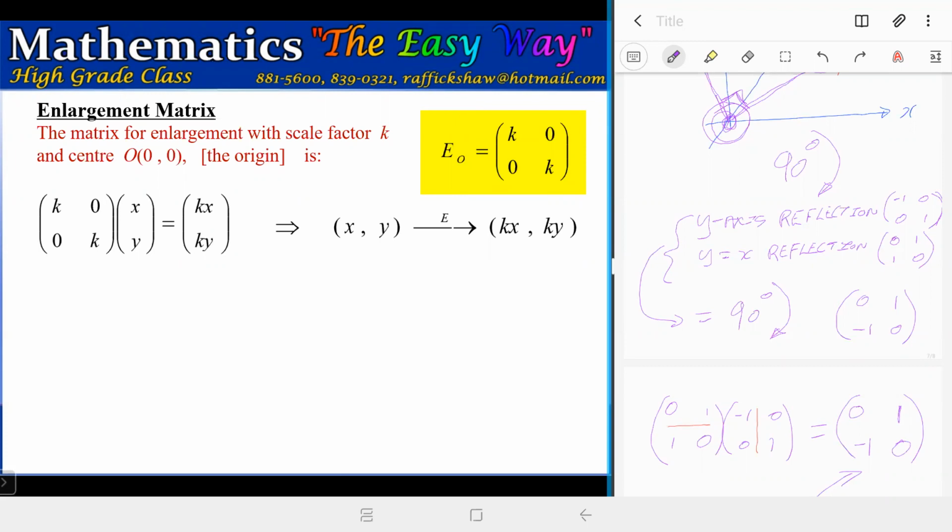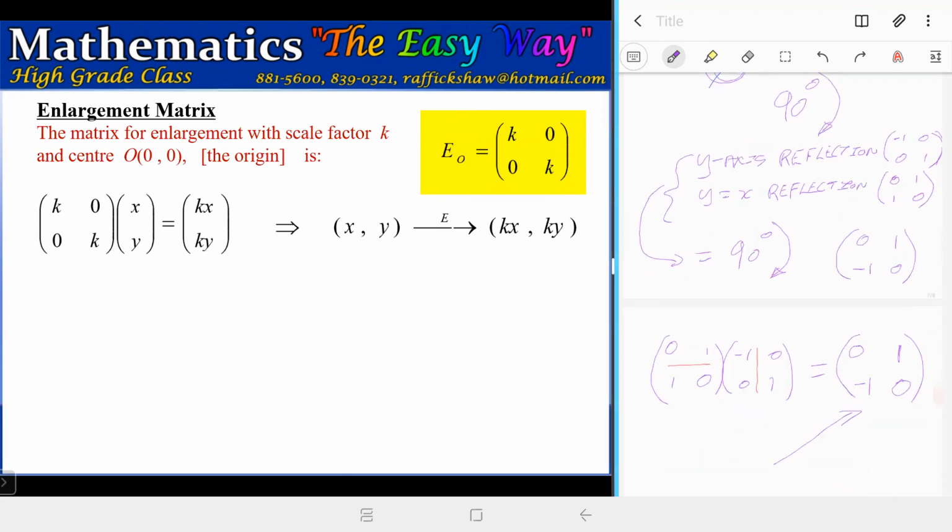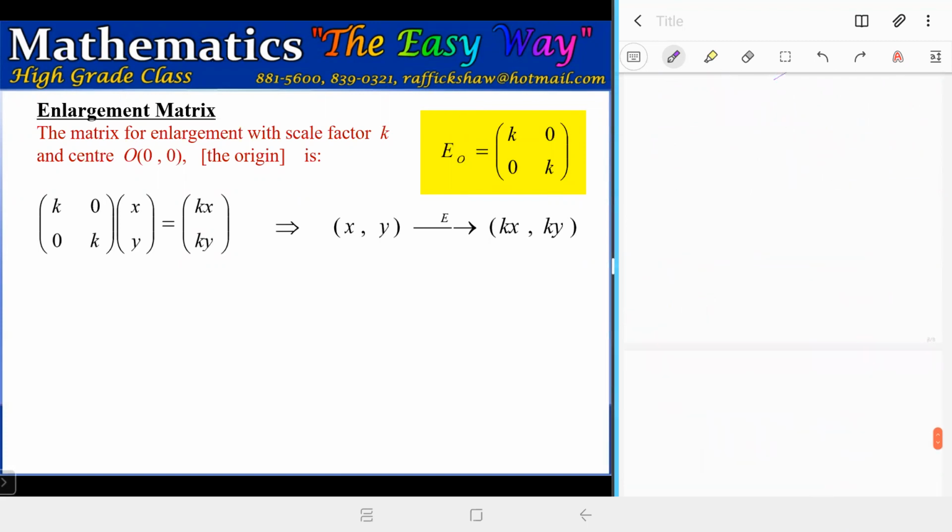So for example, let's look over here. If I have a point 3, 2, and I want to carry out an enlargement of scale factor K equals 3 about the origin.